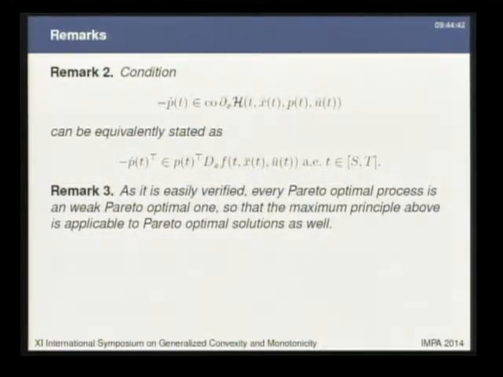Okay? So the theorem is valid if we're talking about weak Pareto solutions or Pareto solutions.